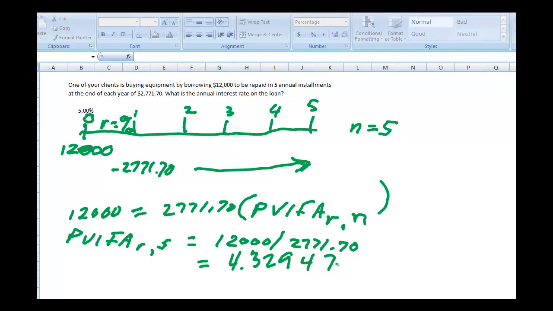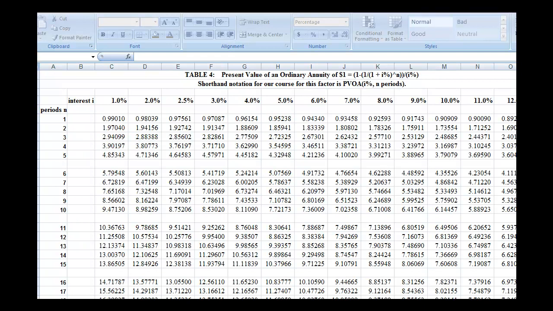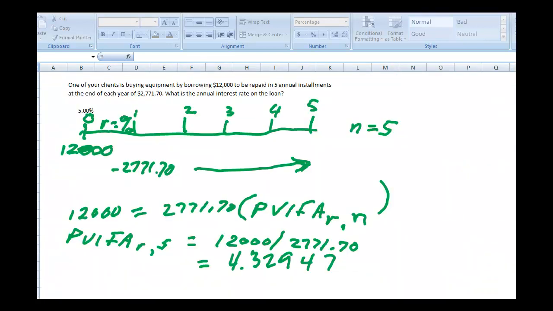Okay, so if you go back to the table here, 4.32948 is under the column heading for 5%, and that's what we calculated back on our spreadsheet when we did it here in Excel. So that's how you would do it both in Excel and by using the formula. We'll see you in the next slide.